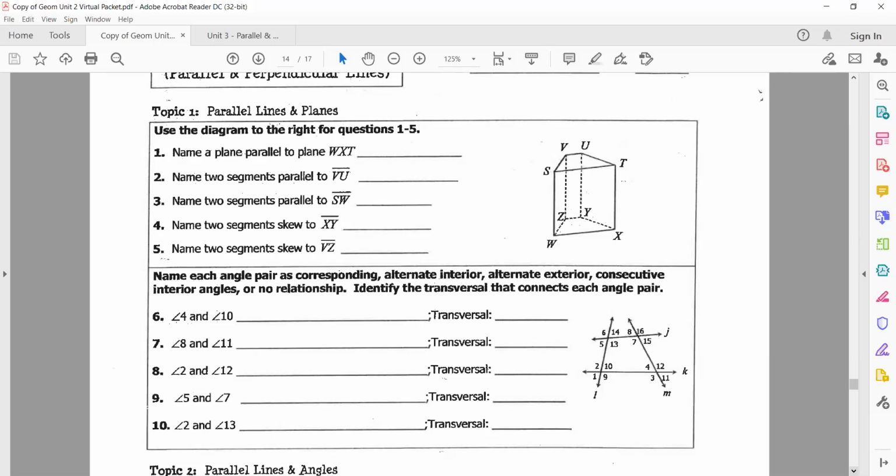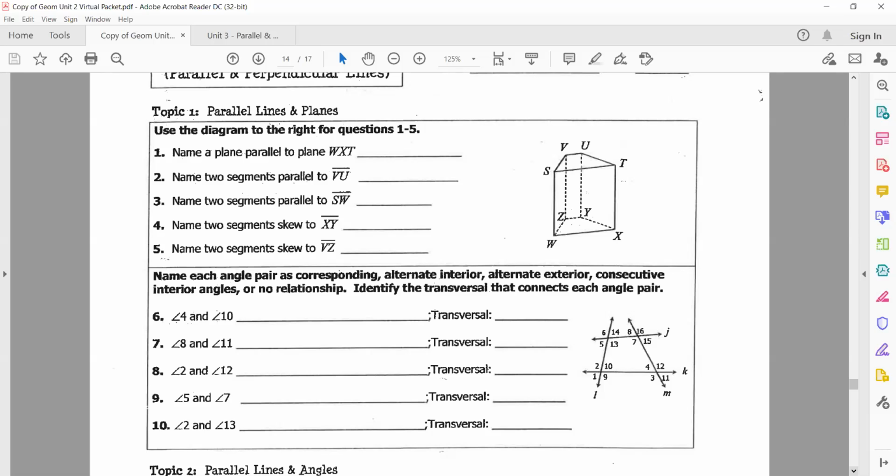Are they consecutive interior angles? Okay, well, if you don't know the answer to that, you're going to need to go back and review the definitions on all of those angle relationships, because it's very specific.